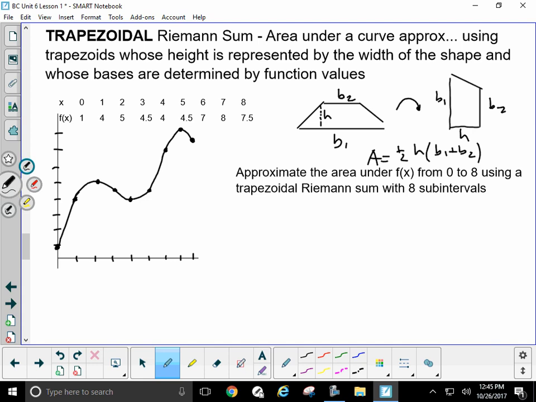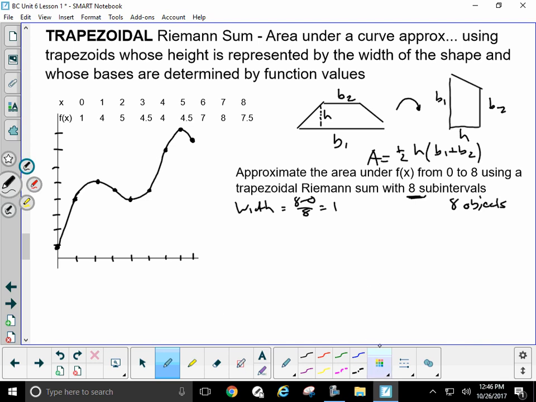All right, so now we're going to approximate this area from 0 to 8 using a trapezoidal Riemann sum with 8 subintervals. All of a sudden, our width has changed because I'm using 8 objects. The width of each of our objects is 8 minus 0 over 8, which is 1.